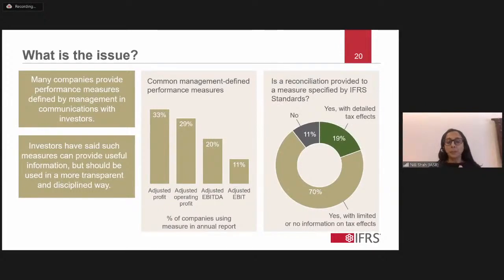So the board is proposing a number of things in this area, but fundamentally what it comes down to is requiring that a subset of these non-GAAP measures are included in the notes to the financial statements, and also requiring specified disclosures to enhance the transparency and the discipline around these measures.